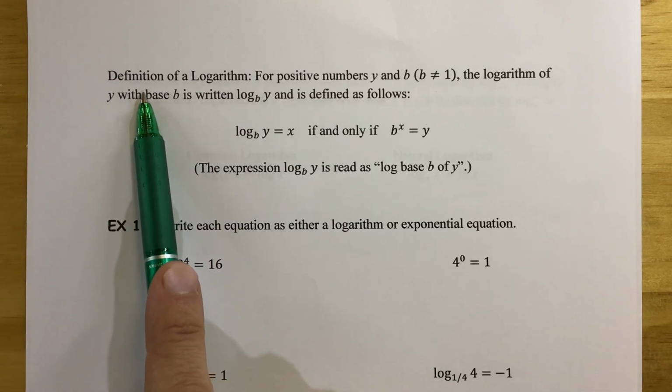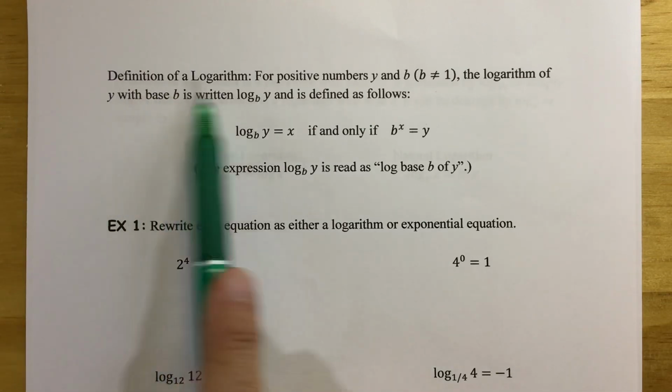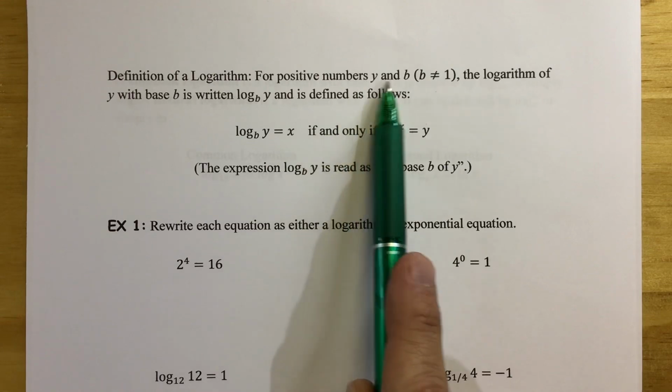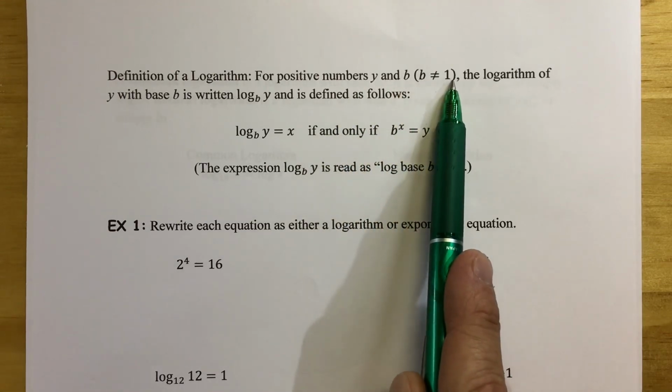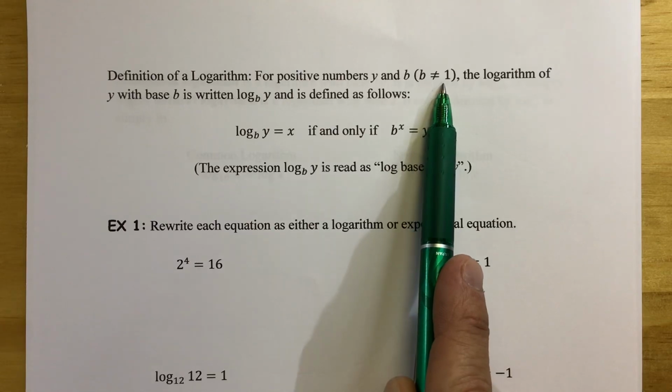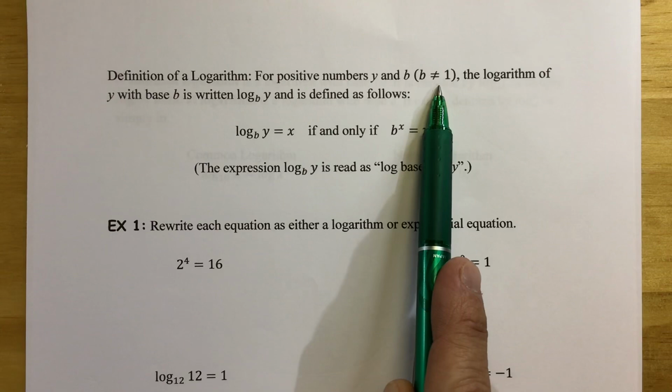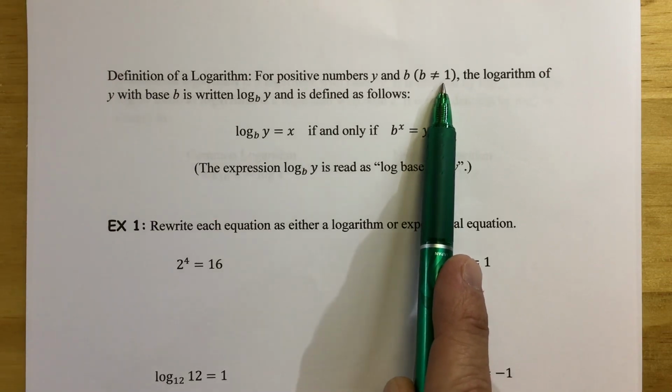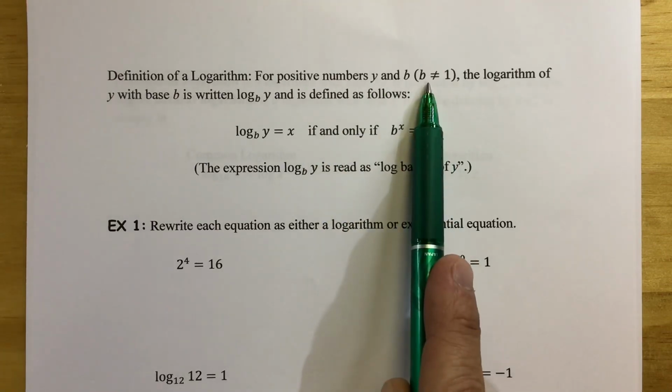Okay, here's the formal definition of a logarithm. For positive numbers y and b not equal to 1, by the way, those are just mentioned because they have to be true, but we usually don't worry too much about them at the beginning stages of trying to learn how this stuff works. So don't pay too much attention there.